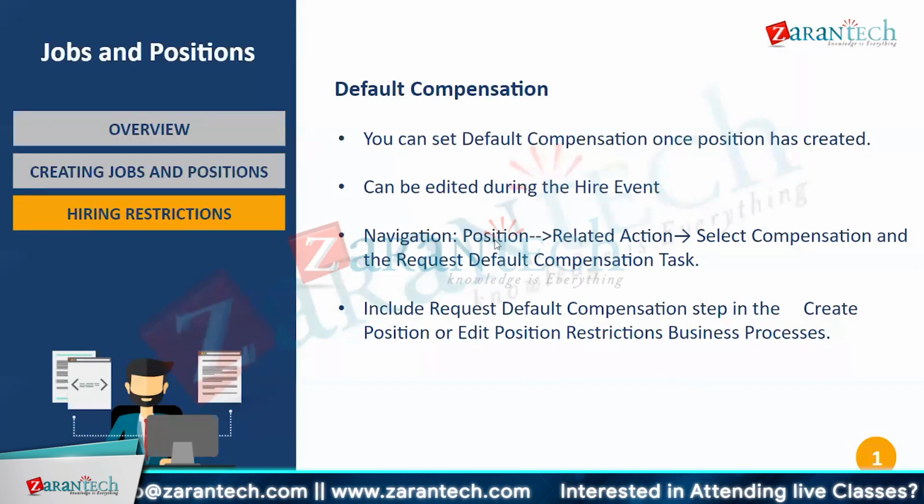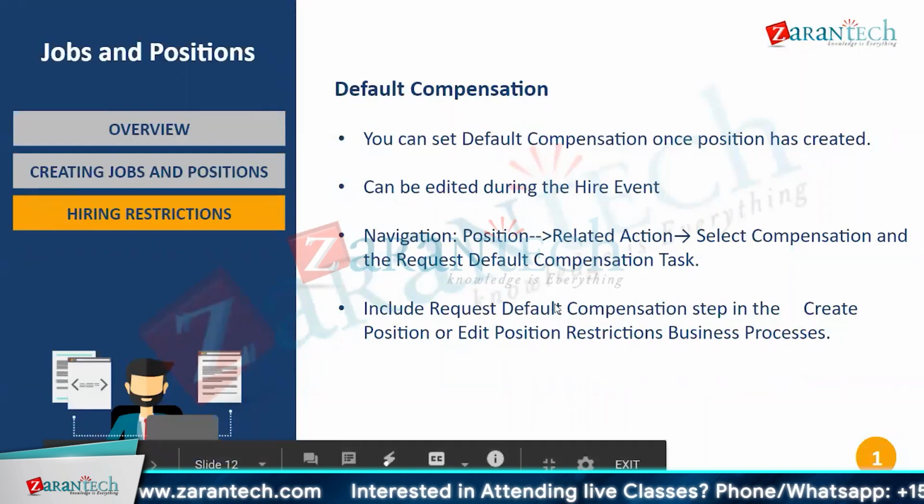So when you're creating the position, you set the default compensation by going to this menu, position, related actions, and then select compensation and request default compensation task. So if you follow those 3 dots, you will get to the page that says request default compensation, and that's where you could enter some initial guideline on what the position can offer.